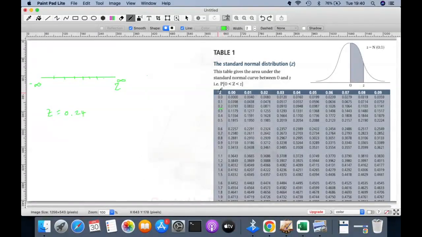And basically, this margin going down gives you one decimal place as well as up to a whole number. So there's 0.2, but I'm looking for 0.24. So the second decimal place is on the horizontal margin. So it's here. There's your 4. So if I combine that, that's 0.24. That's how I find my z values.